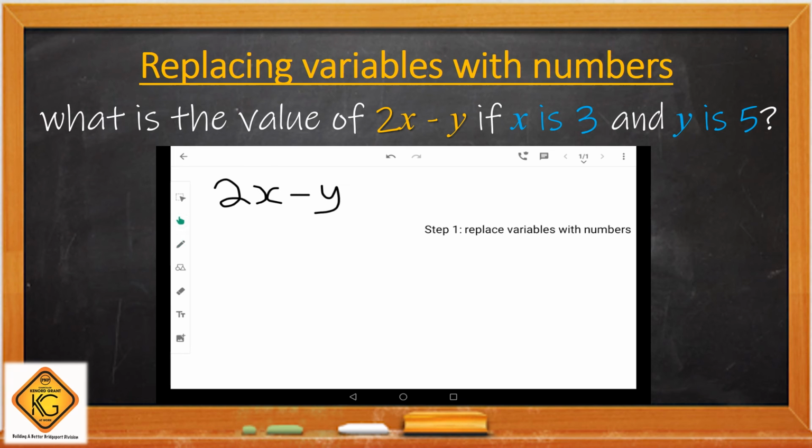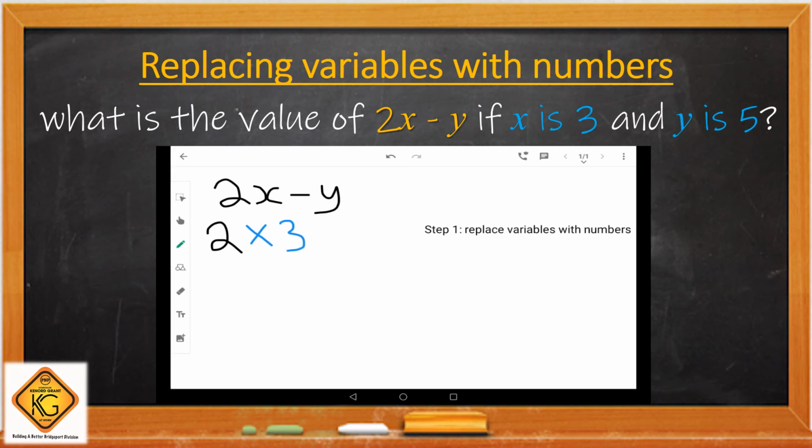Next, let's replace the variables. 2 is not a variable, so I rewrite it. Next is x. X is a variable, but I already know what x is. X is 3. So instead of writing x, I'm gonna write 3.